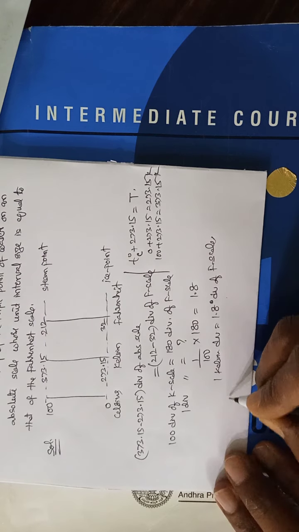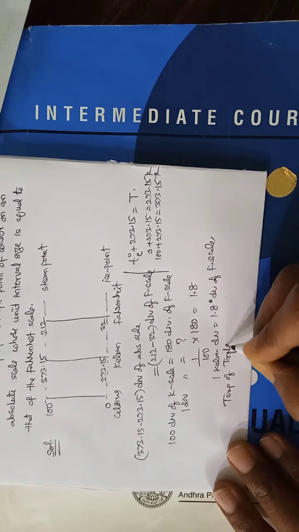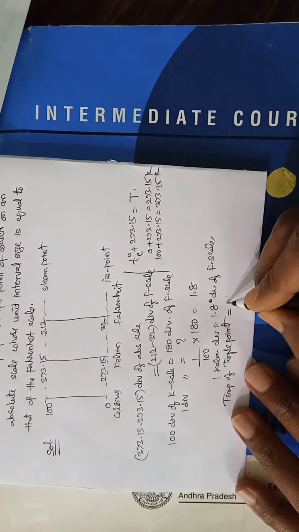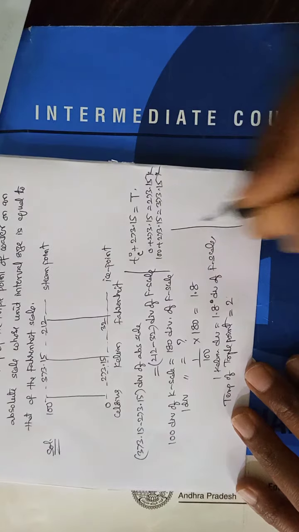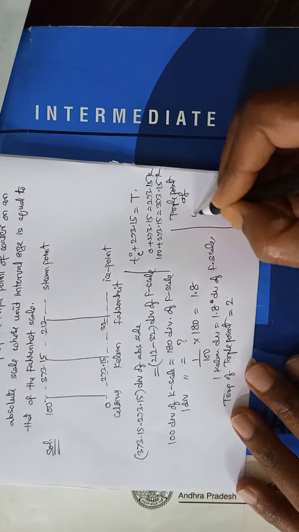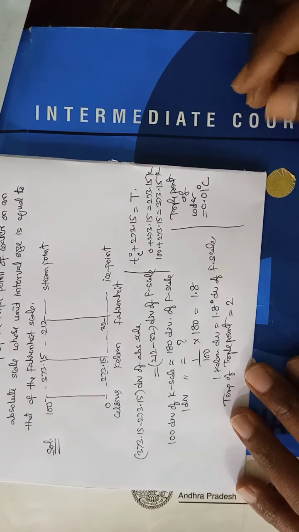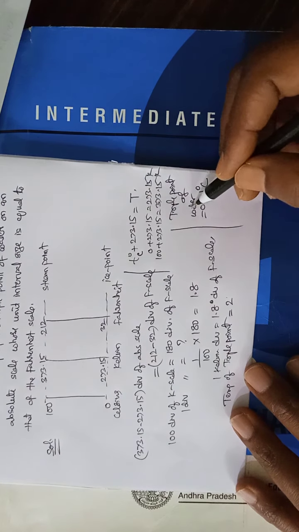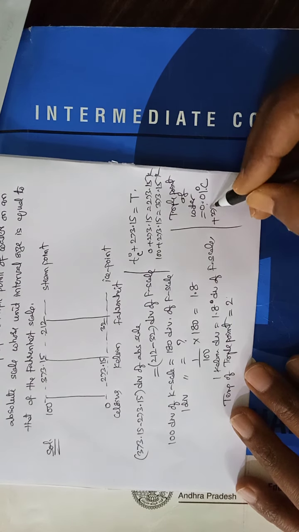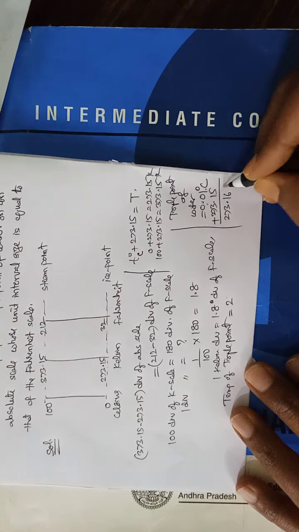Actually, you know the triple point of water is 0.01 degrees centigrade. You remember, triple point of water is 0.01 degrees centigrade. To this, if you add 273.15, you get the Kelvin value.